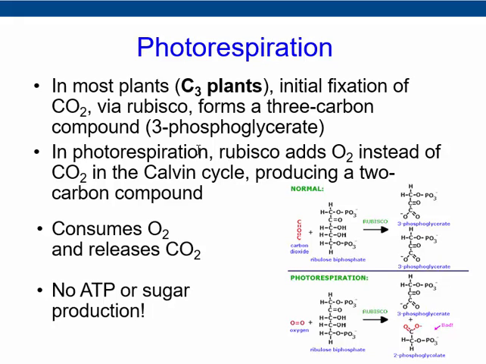So in photorespiration, rubisco adds an O2 instead of CO2, and it produces these 2-carbon compounds we see down here, and that's phosphoglycolate. So 2 carbons there, and there you can actually see the oxygens that came from our oxygen here. So it's using oxygen, it's releasing CO2 instead of incorporating it into carbohydrates. So again, opposite of what should be happening, and we haven't produced any ATP or sugar as a consequence.